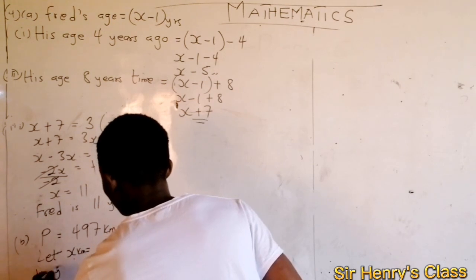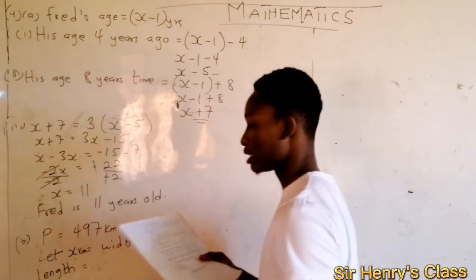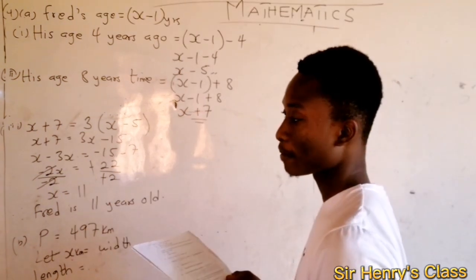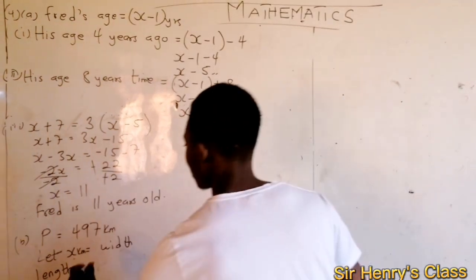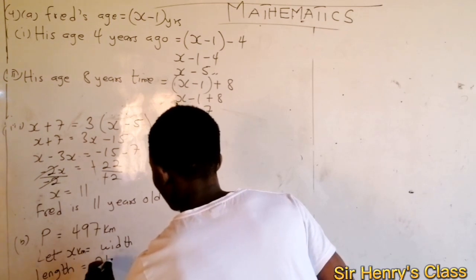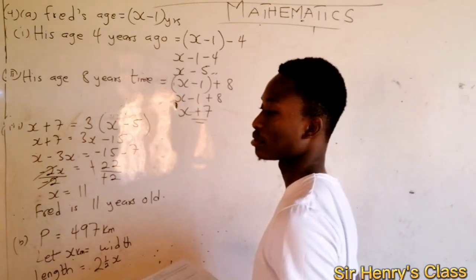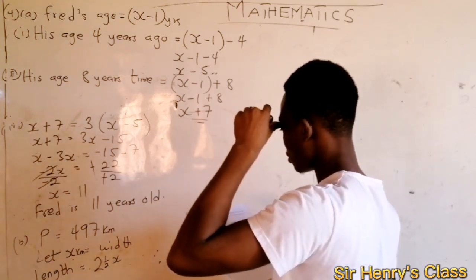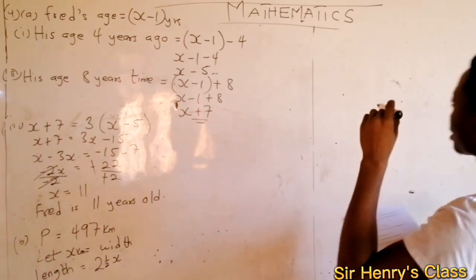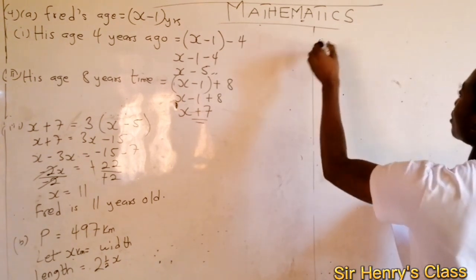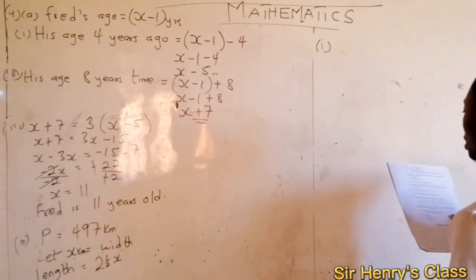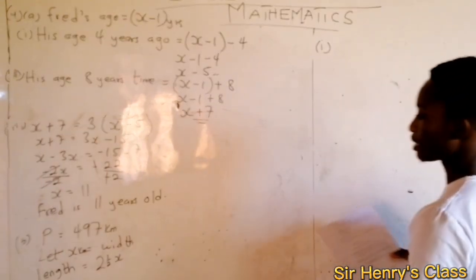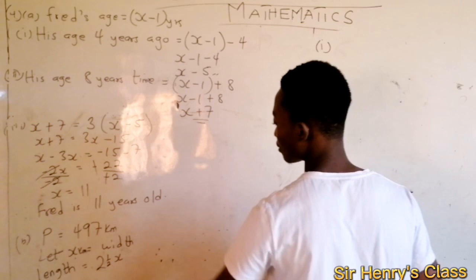Then the length will be, they are telling us that the length is 2.5 times the width, means it's going to be 2.5x. Now it says we should find the width. So the width is represented by x, right? Perimeter is 497.